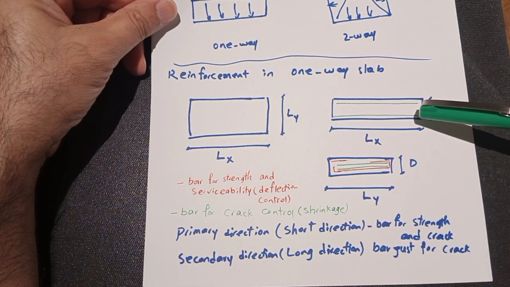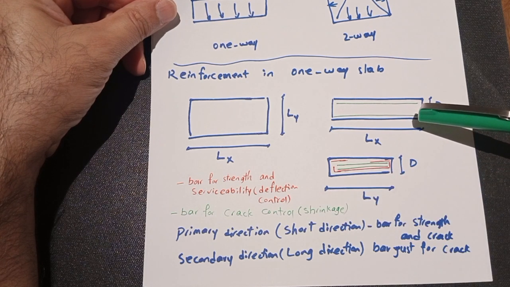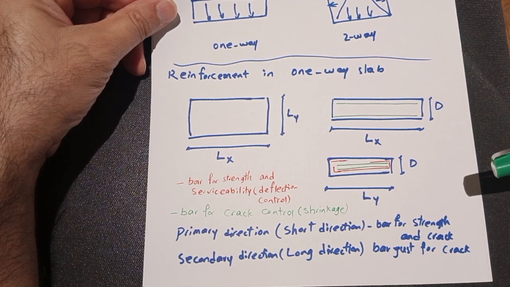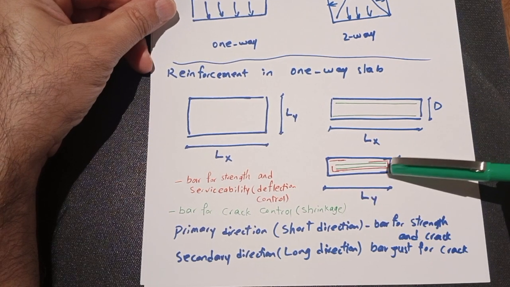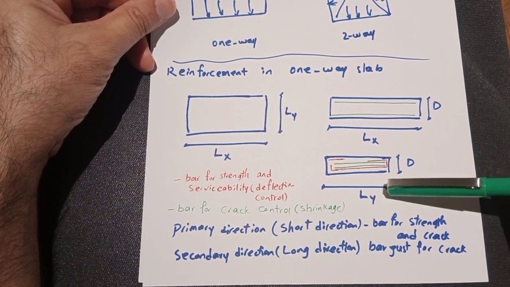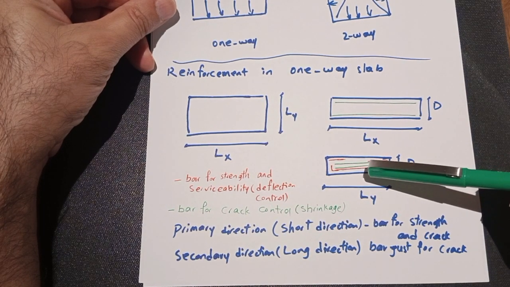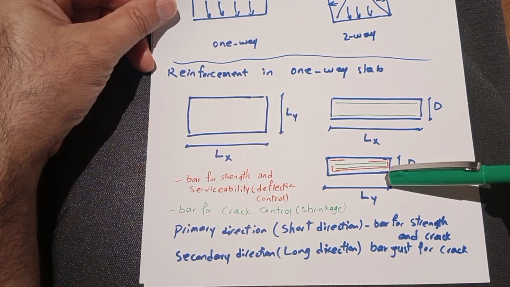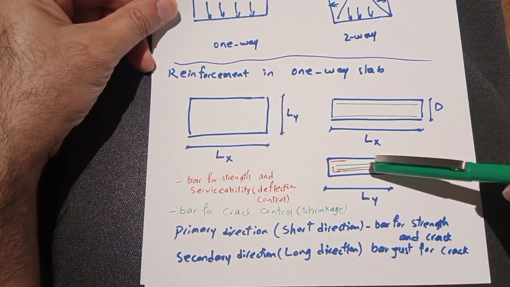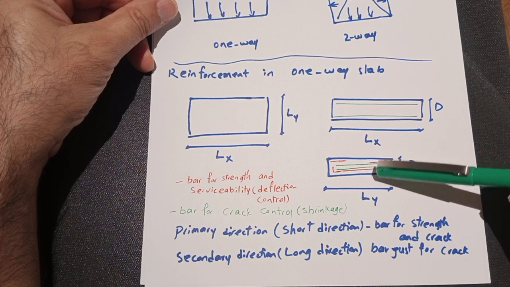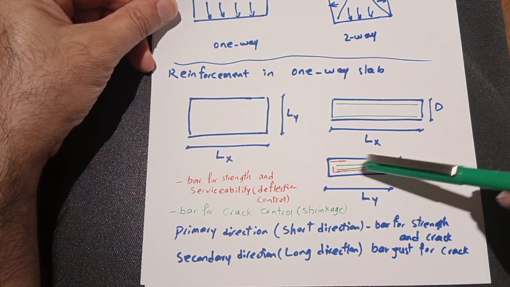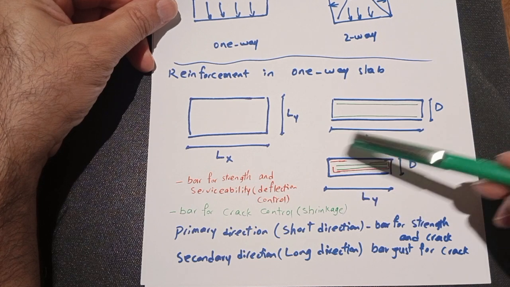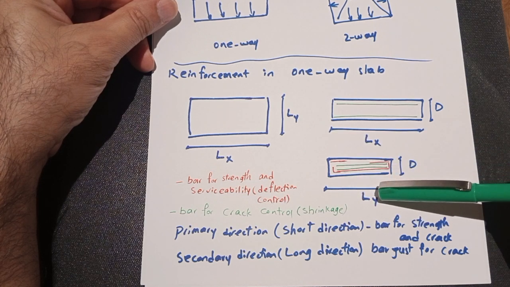So for the short direction we will have just reinforcement for shrinkage, but for Ly we will have reinforcement for strength, deflection and also crack control. For this direction we compare the reinforcement required for strength, deflection and shrinkage, and whichever is bigger we put in that place.